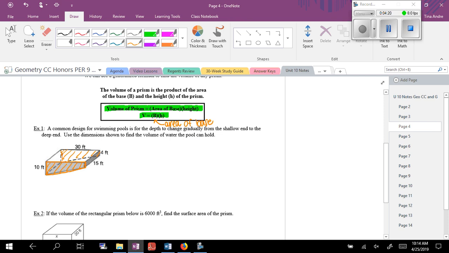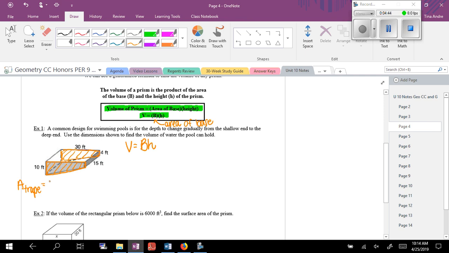I'm going to highlight those. Then if I want to find the volume, I'm going to do volume equals capital B times H. Capital B is going to be the area of this trapezoid. So let's think for a second, the formula for the area of a trapezoid.